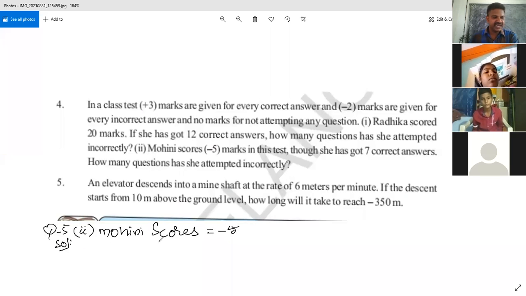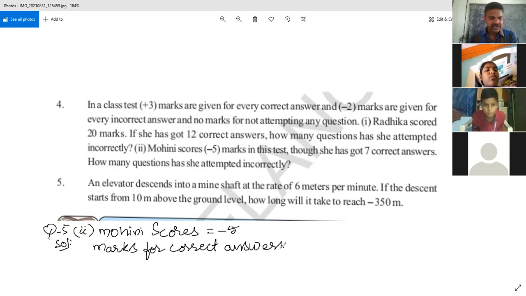Marks for correct answers: how many correct answers has she given? She got 7 correct answers. Each correct answer gets 3 marks, so she gets 21 marks. And the marks for incorrect answers.